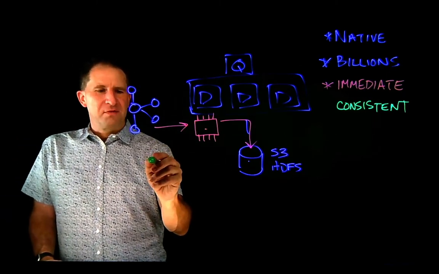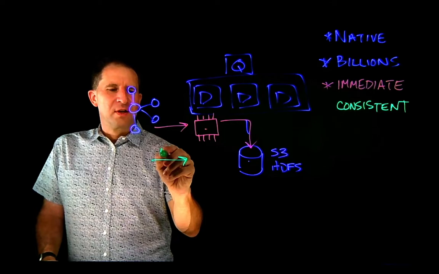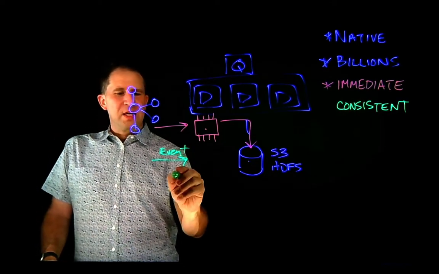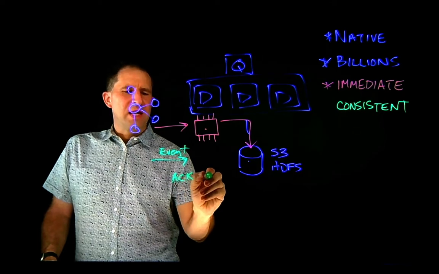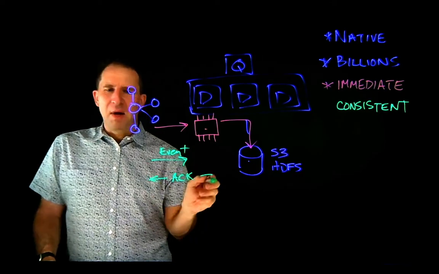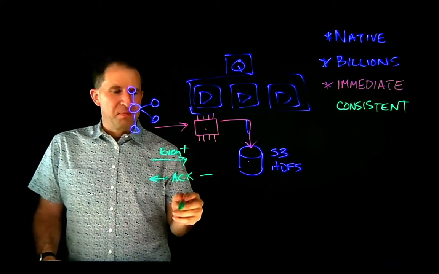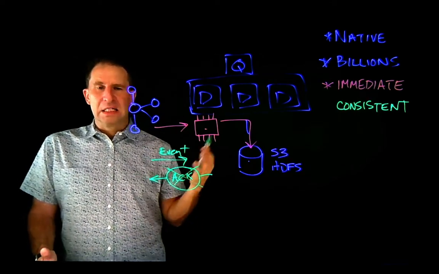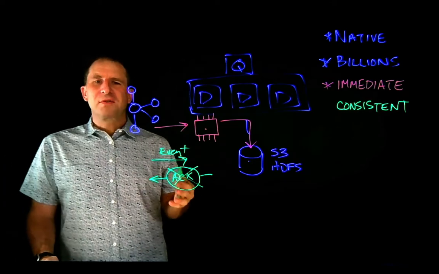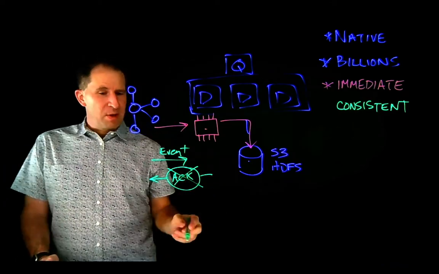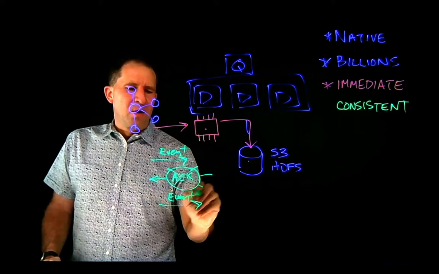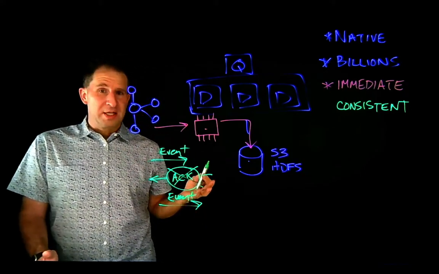Let's say that Kafka sends you an event, a message, here's this event. What normally happens is then Kafka is going to wait for you to send back an acknowledgement of that event. But let's say that for whatever reason, this acknowledgement doesn't make it back to Kafka. So Kafka is going to assume that you didn't get the message, and it's going to resend the event again, which leads to duplicate data.